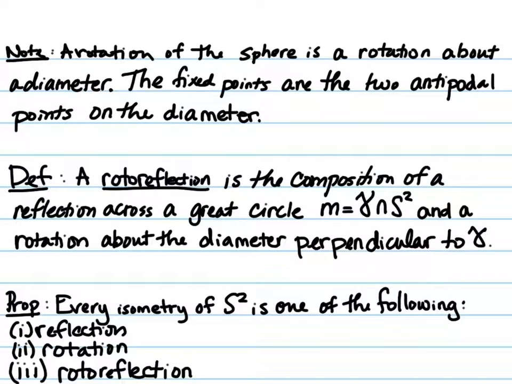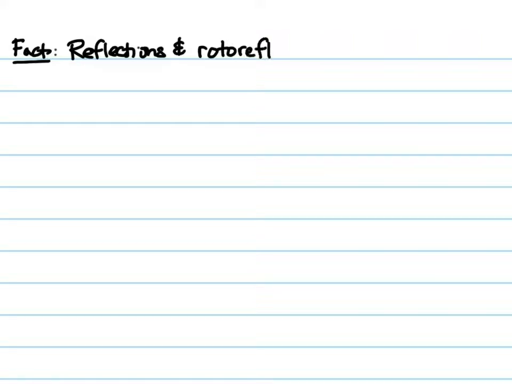One of the very last things that we left in our last section with geometric transformations was talking about things being orientation preserving or reversing. So in regard to that idea, reflections and rotoreflections are orientation reversing.